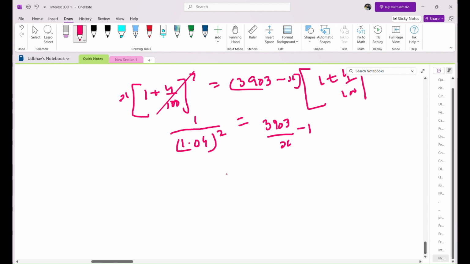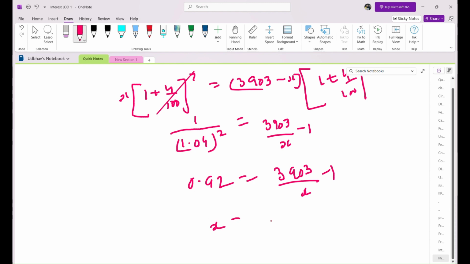So 1 upon 1.04 is 0.92. 0.92 plus 1 is 1.92.